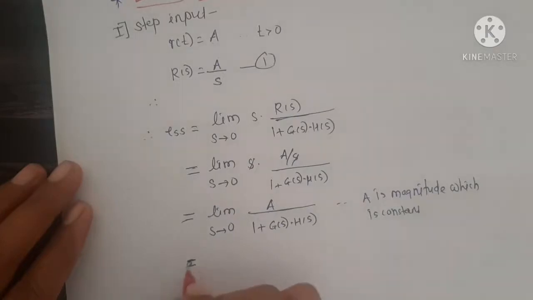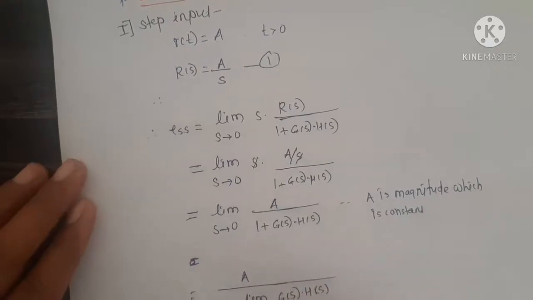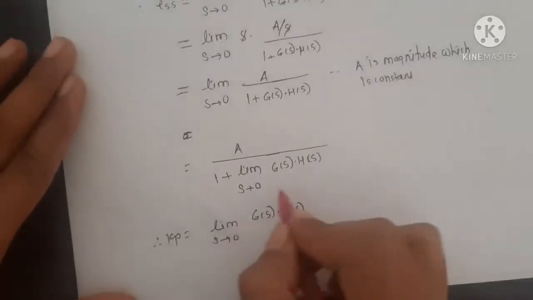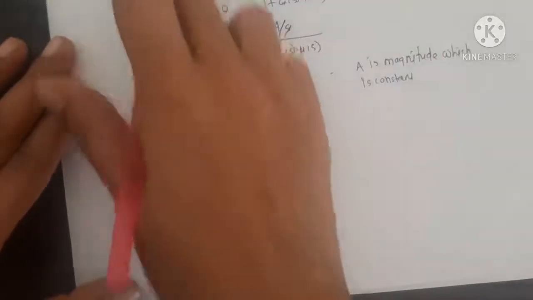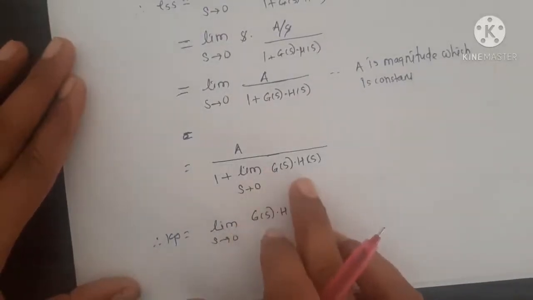After applying the limit, A is a constant so A and 1 come outside: limit s tends to 0, G of s into H of s. So the value of Kp, the positional error constant, is nothing but limit s tends to 0, G of s into H of s.